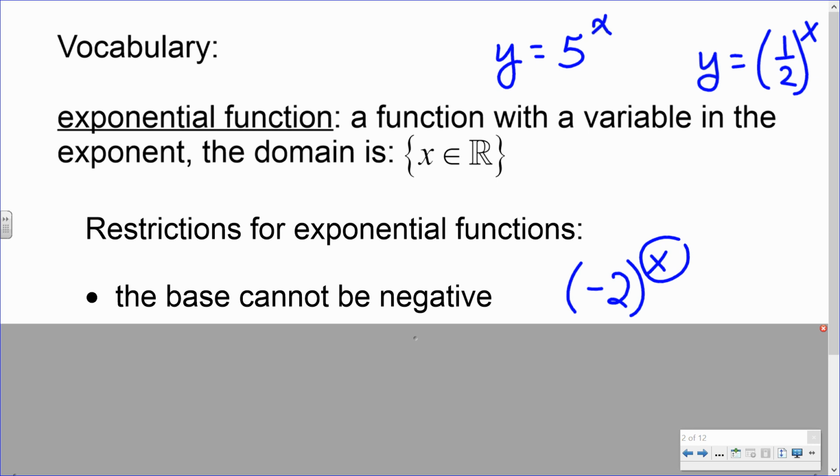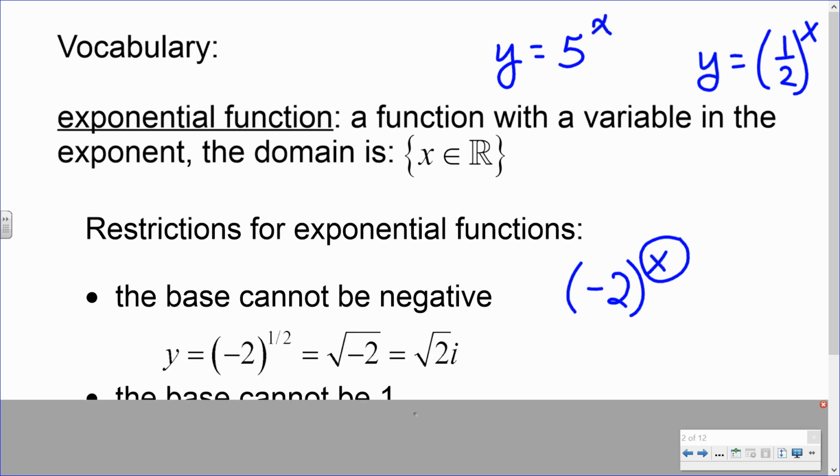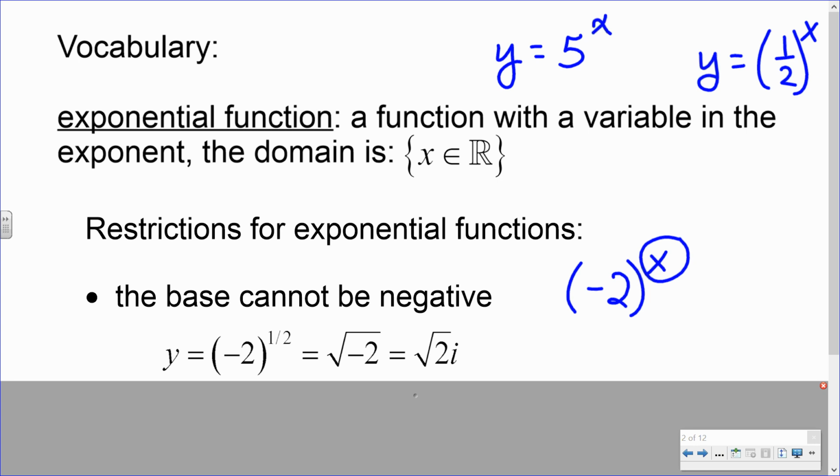If it has to be defined for all real numbers, a half is a real number. But if I tried to say -2 to the 1/2, that's not going to give me a real number.